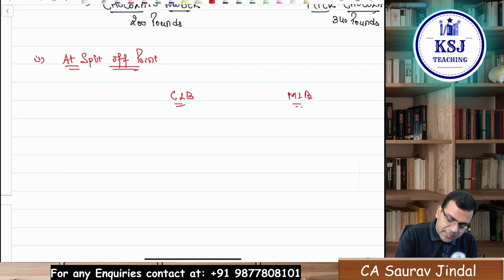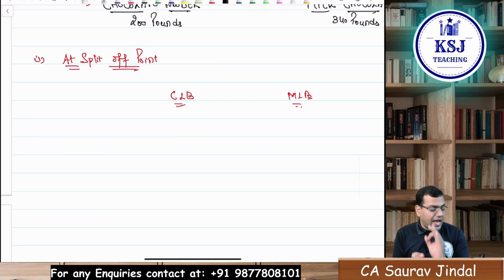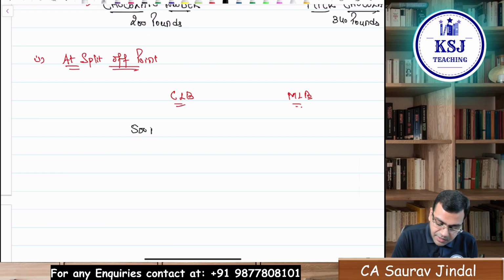Just try to understand. First we have to find out the actual quantity, the actual number of gallons being produced. They say if you process 500 pounds of cocoa beans, how much chocolate liquor do you get? That is 20 gallons.